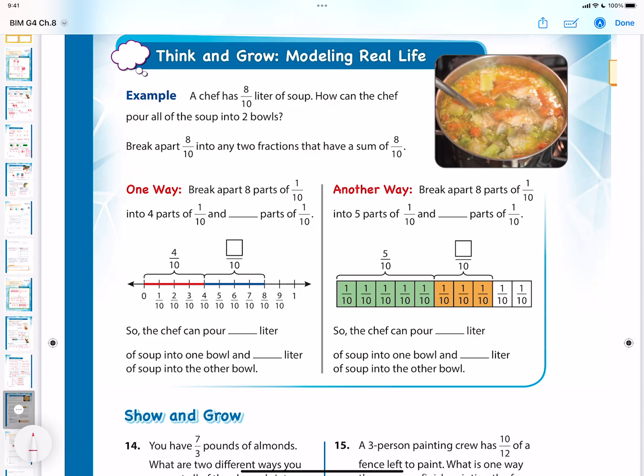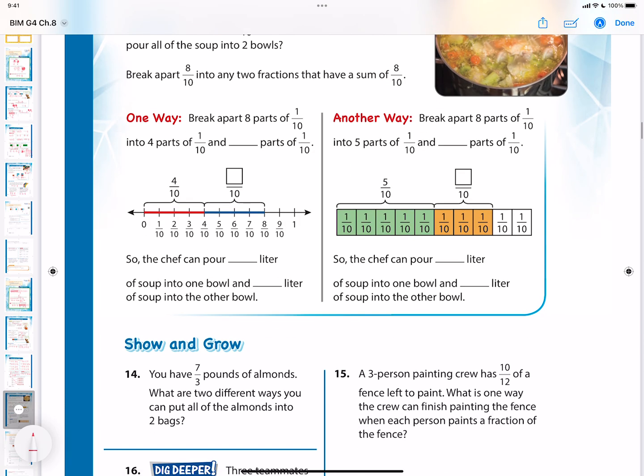Okay, one way: break apart 8 parts of 1/10 into 4 parts of 1/10, and you're going to have 4 parts of 1/10. That's half, right? So the chef can pour 4/10 liter of soup into 1 bowl and 4/10 liter of soup into the other bowl.